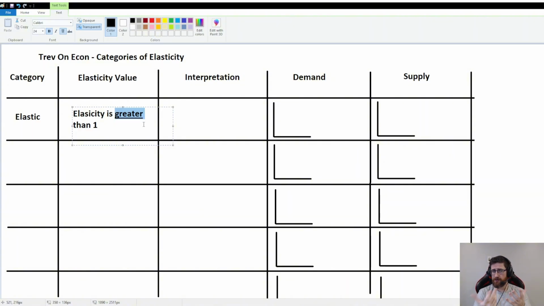So elasticity greater than 1. So 2, 3, 5, 1,000, 1,000,000, 1 billion, technically all possible. Like I said in the last video, usually you're dealing with 0 to 3 from what I've experienced in teaching. But technically you could go higher. And our interpretation here is just that the quantity changes by more than the price. So the price is going to change by some percentage.